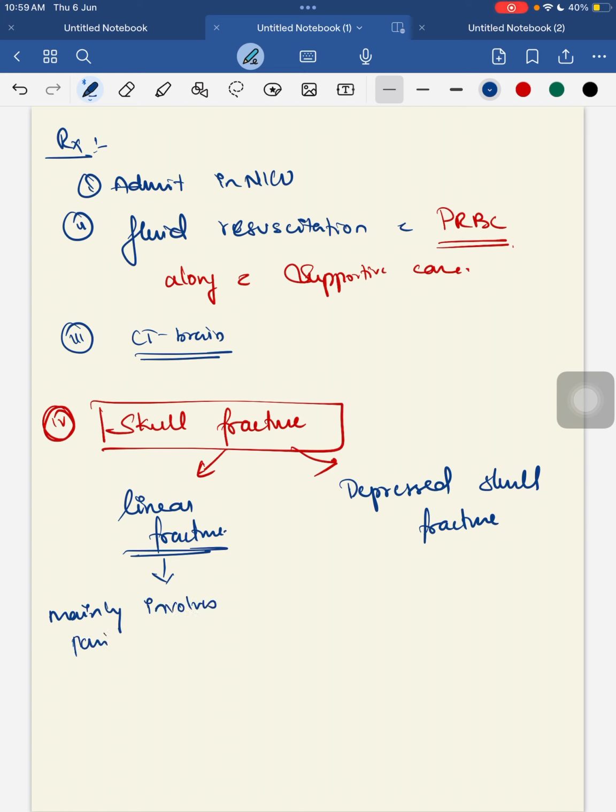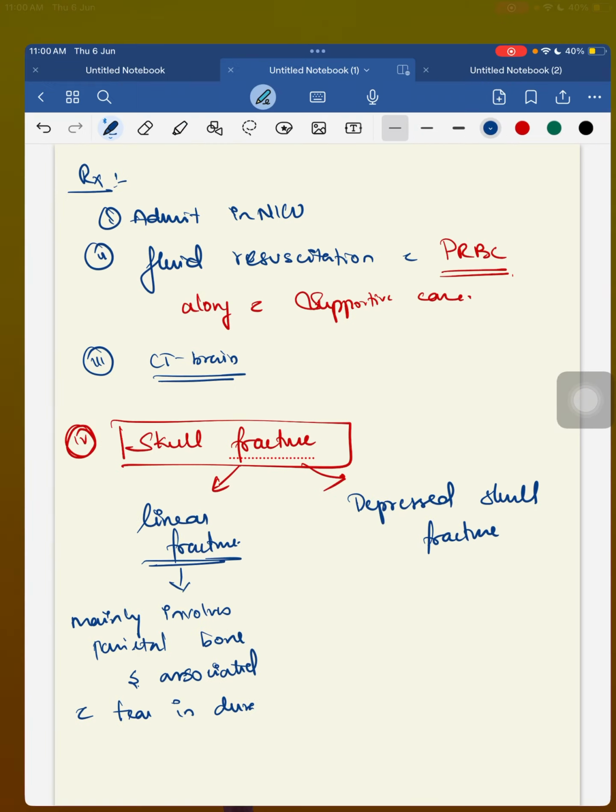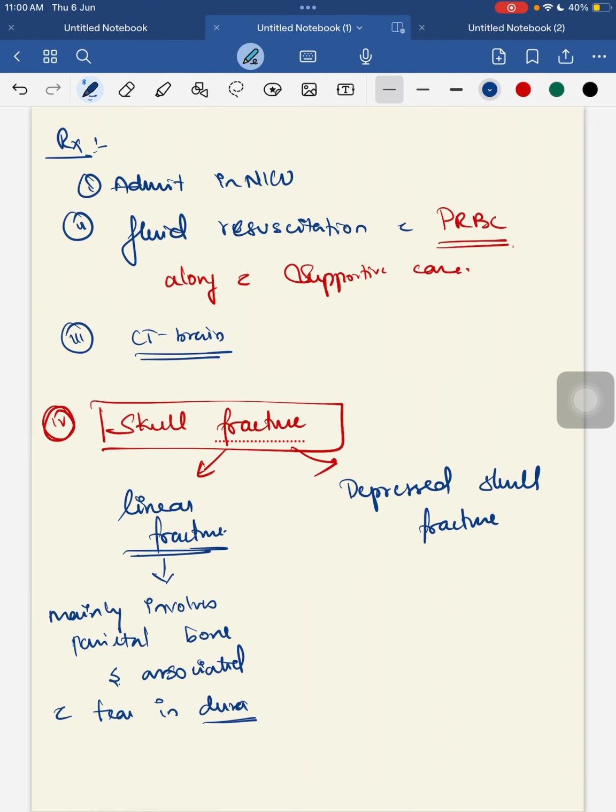Next, supposing the child has a depressed fracture in which the depression is more than 2 centimeter, along with a presence of bone fragment in the brain, or the child has a neurological deficit, these require neurosurgical intervention.